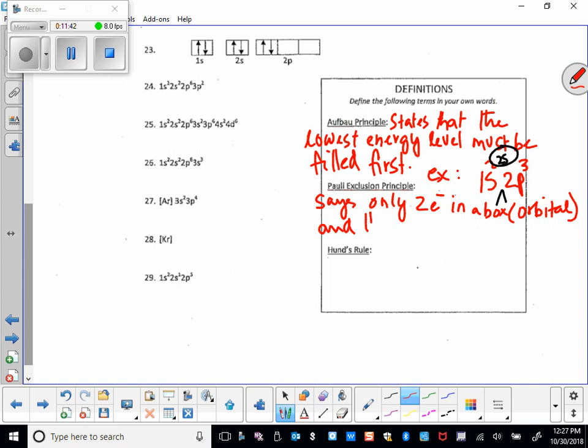And they must have opposite spins. Are we good? So why do we put only 2 in a 1s orbital? Because we are following Pauli's rule. We cannot put 3 electrons. Does that make sense? Or we cannot have them both pointing upwards or both pointing downwards. That's because we follow Pauli's exclusion principle.